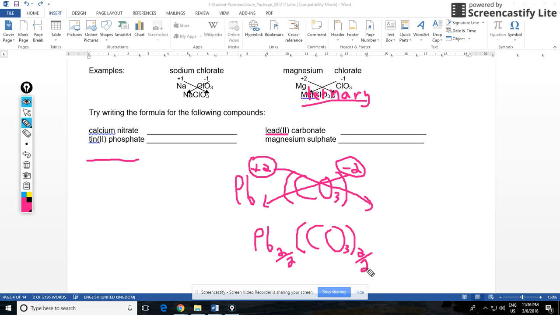Do not divide anything inside the brackets. Even if there was something that could be divided by 2, you wouldn't if it's inside the brackets. And we get PbCO3. When there's only a 1 outside the bracket, you don't have to put the bracket there. So this is our lead(II) carbonate. That's an example of how to write a formula based on a name provided to you.